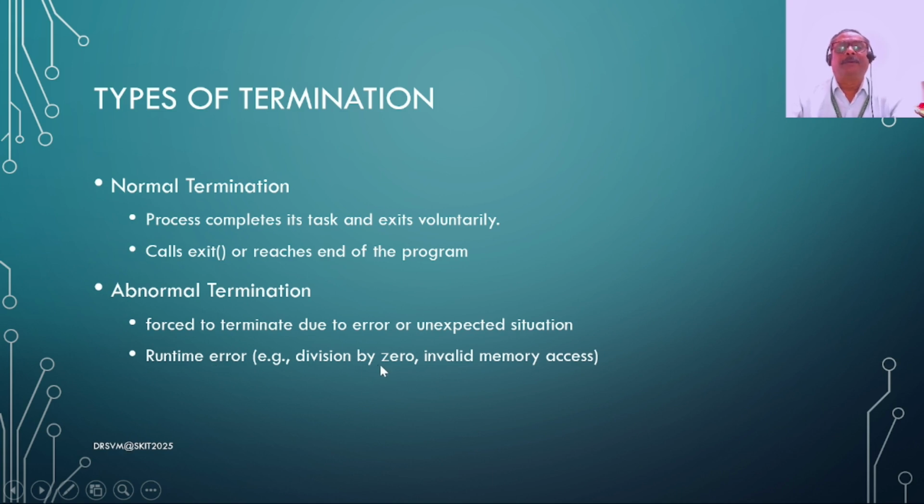Maybe divide by 0 or maybe invalid memory access. You are allocated a particular block of memory and you are supposed to use memory only in that, but if you try to access memory from a neighboring process, then definitely an alarm is raised, and it will be forcibly blocked. Why did it happen? Maybe for many reasons, but we are not allowed to access others' information.